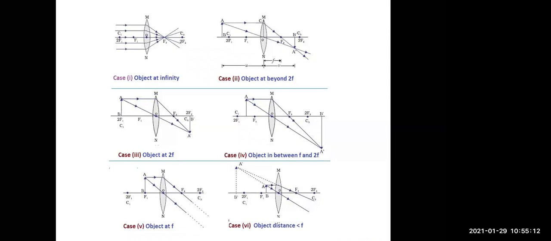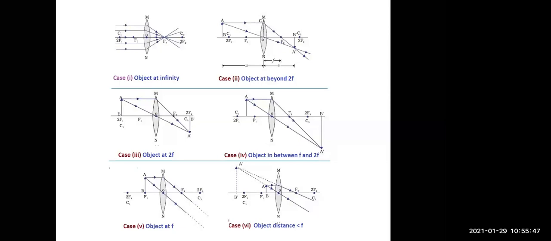Always remember, while drawing the ray diagram, we have to consider at least two rays, because only when the intersection of the refracted rays happens will we get the image. If the intersection between the refracted rays does not happen, then we will not get the image. So intersection is essential, and for that we need at least two rays coming out from the object. So two incident rays are coming out from the object, and we get two refracted rays.